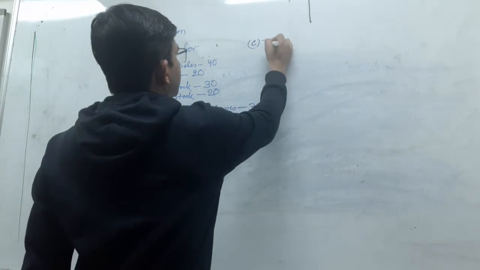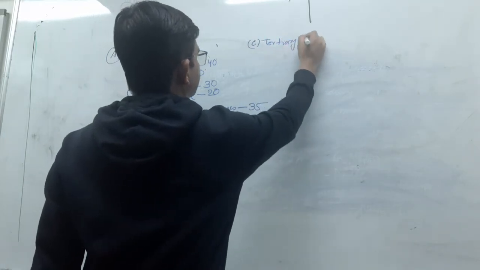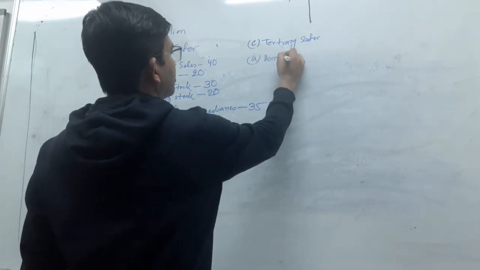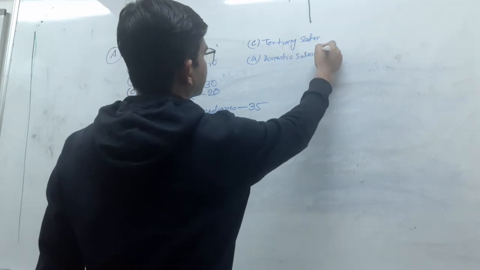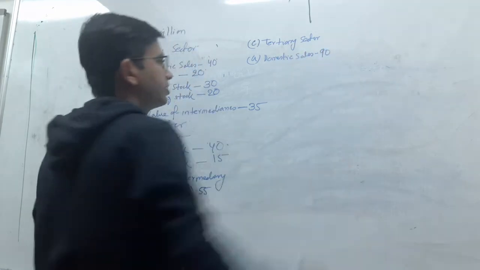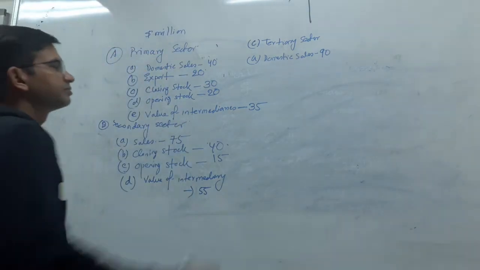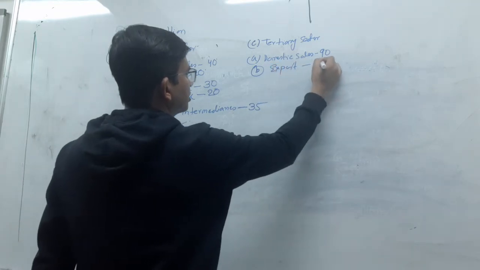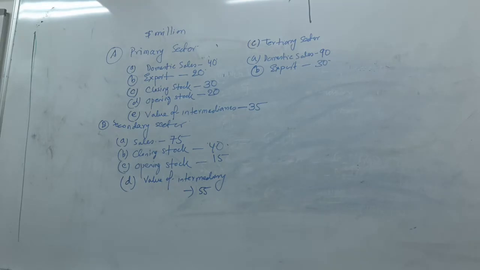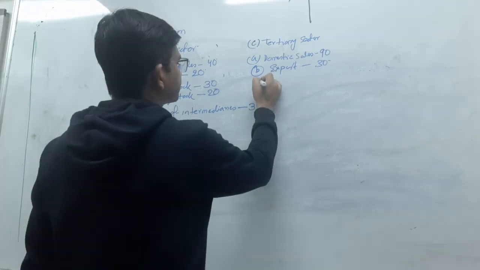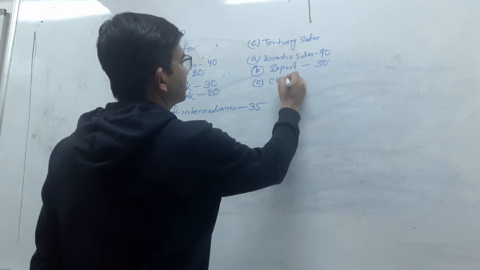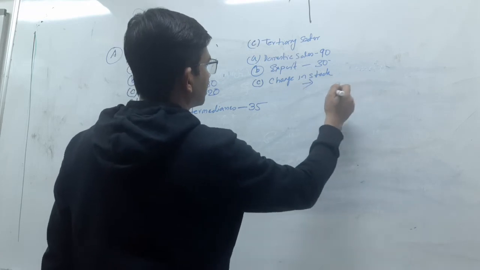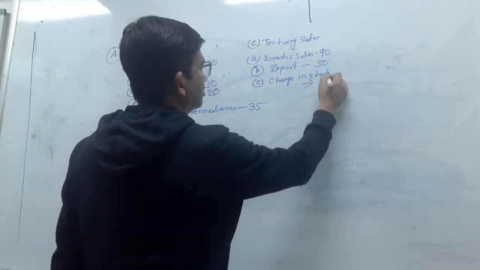C. Tertiary sector. A. Domestic sales 90. Export 30. Change in stock 40.